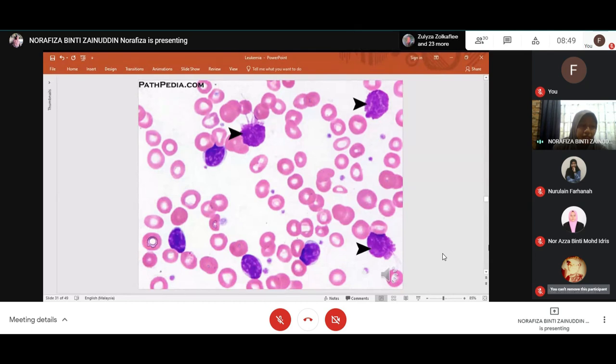This is a smear showing the presence of 4 small neoplastic lymphocytes and also 3 smudge cells. This one actually is very tricky. Sometimes we misdiagnose this with something else, or sometimes these smudge cells are merely because of technical error.